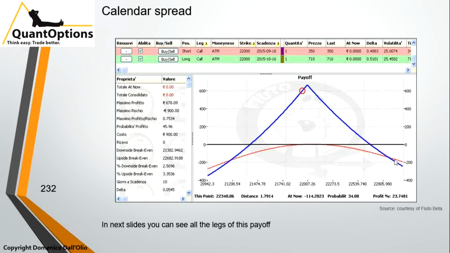After a while, the two wings of the calendar spread go away asymptotically with a horizontal line, which usually is set at the same level if the spread is symmetrical. And in this case, it could be around 450, 500 euros of loss.